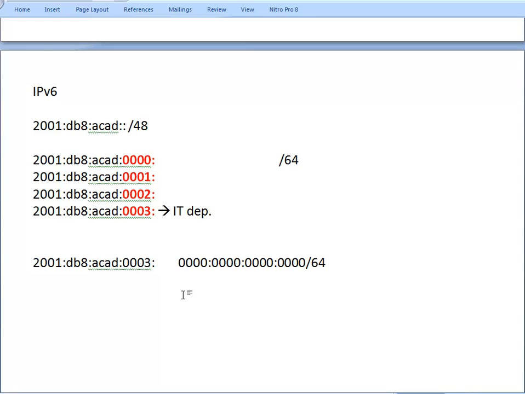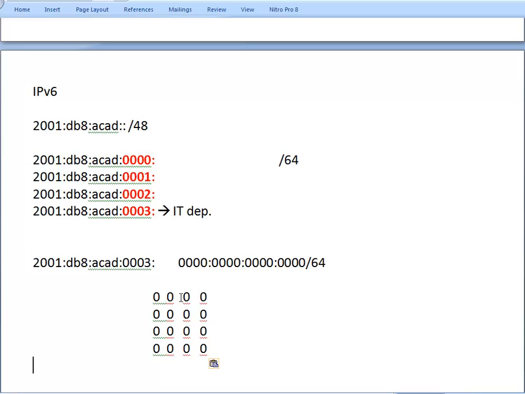So let's write: 1 2 3 4. You can subnet even further on that bit there, but the prefix length is not going to be /64. It's going to be /68, because you are subnetting there. So the first subnet, for example, will be this.